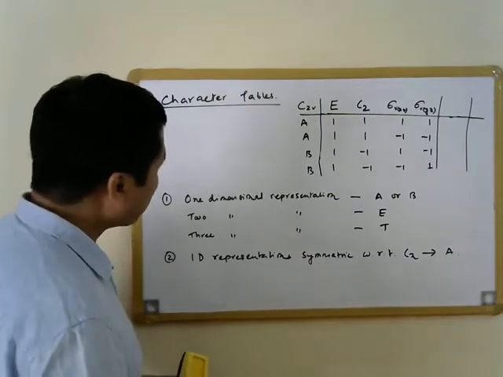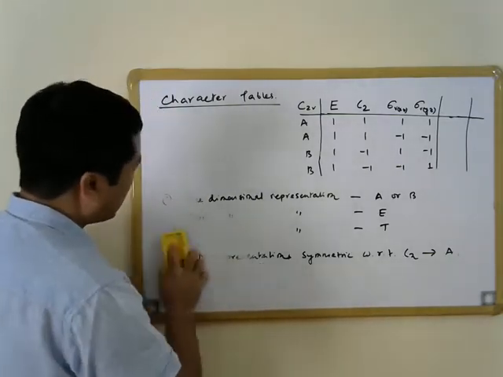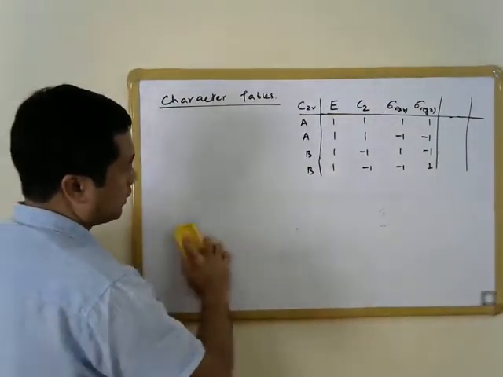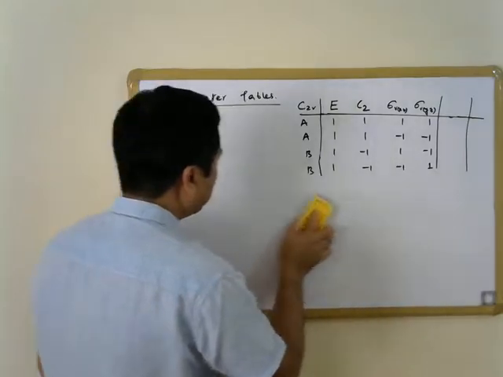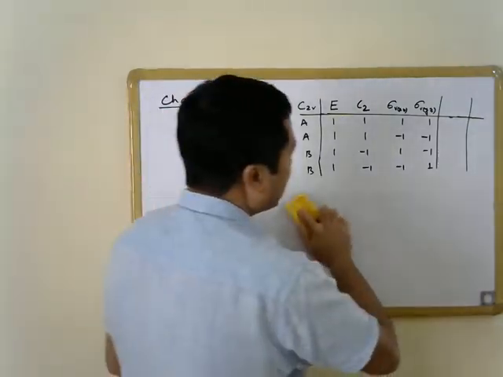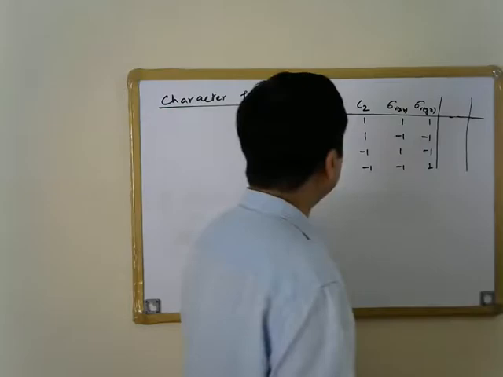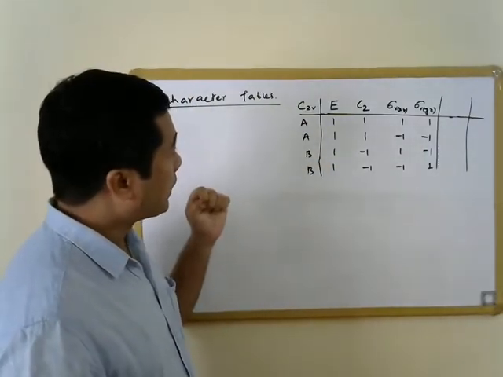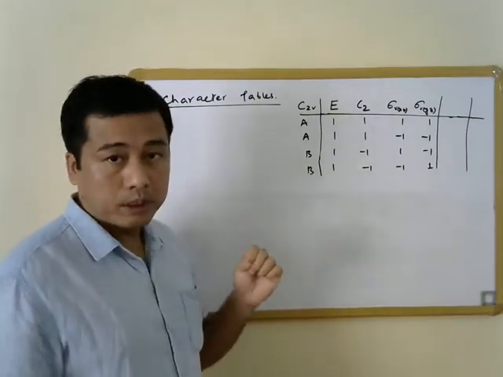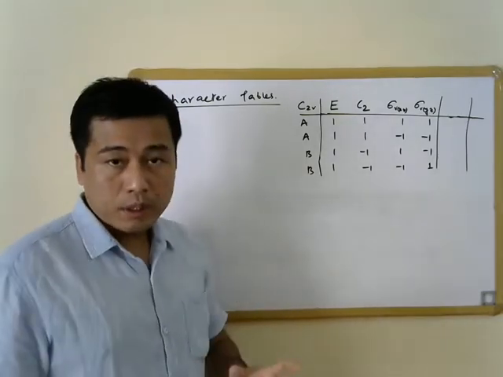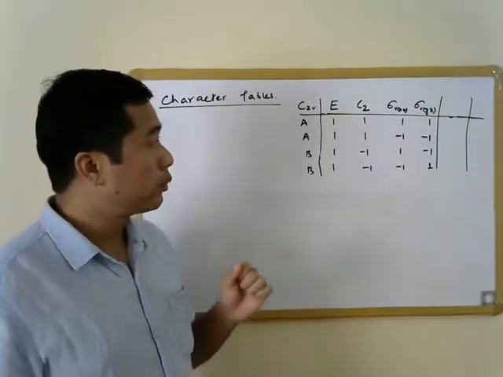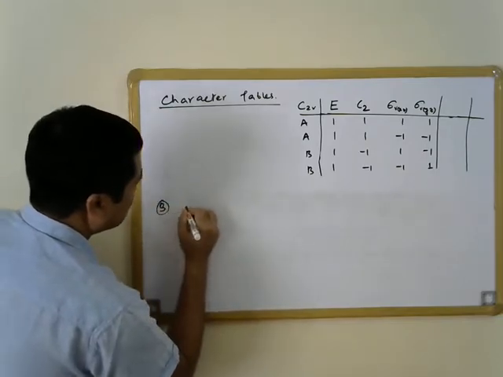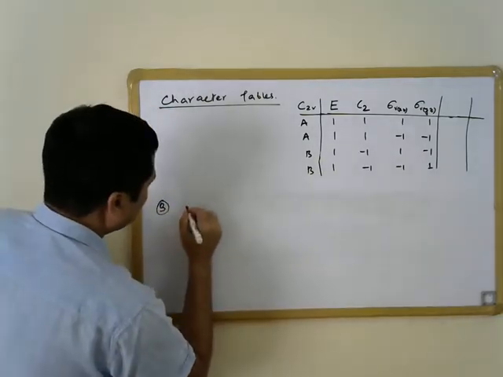That can be achieved by the third rule of Mulliken for writing Mulliken symbols. It essentially says we will have to write a subscript with the symbols over here, and that we can do by looking at whether the representation is symmetric or antisymmetric with respect to the C2 axes which are perpendicular to the Cn.